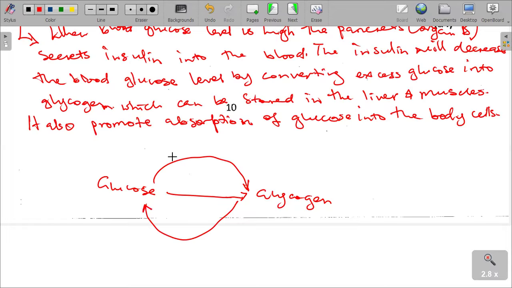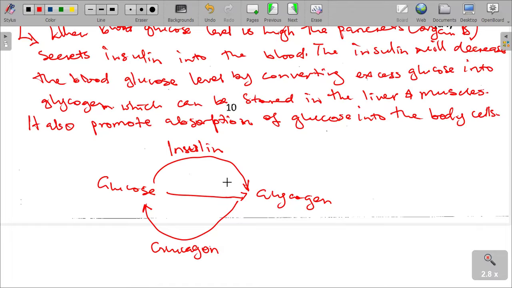So here we can say it's insulin, and then here it is glucagon.